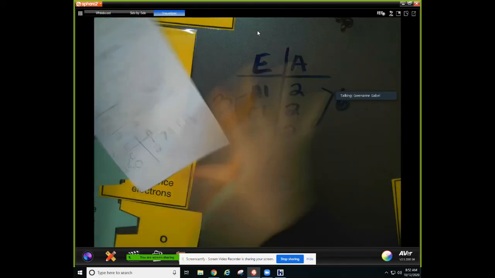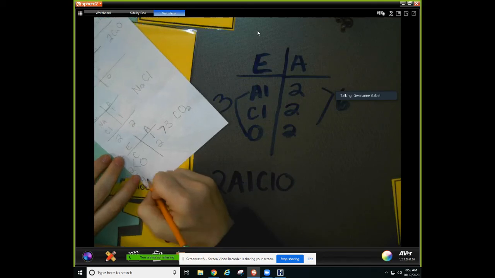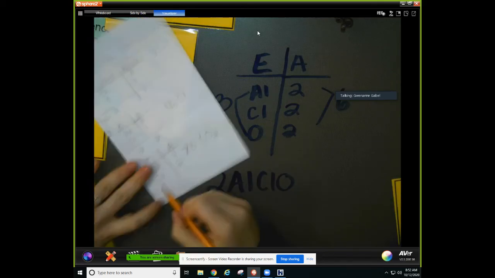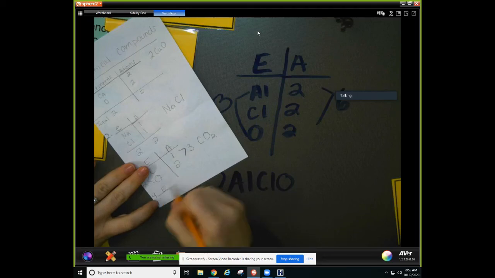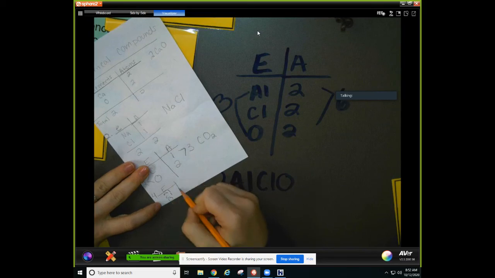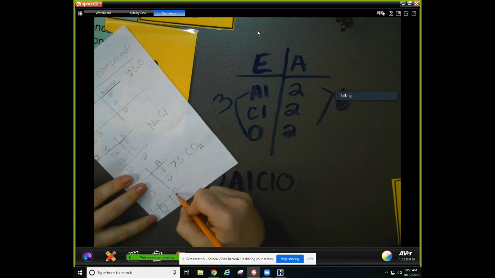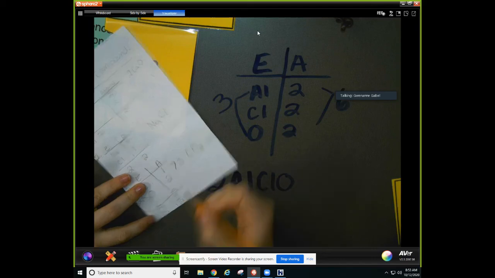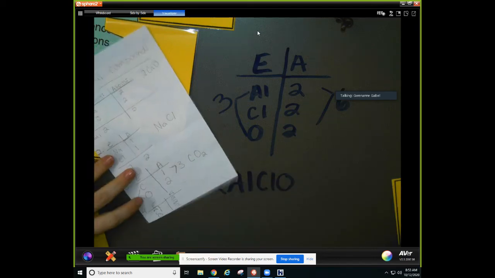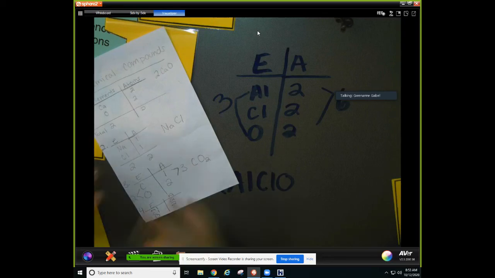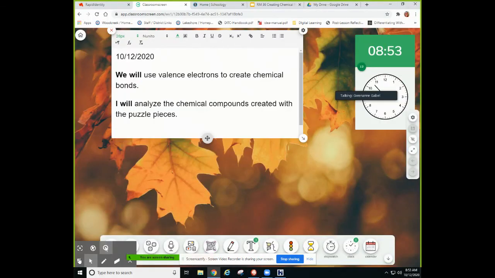I'm just going to copy this exact table down. Number 4. The elements I had were aluminum, chlorine, and oxygen. And I had 2 puzzle pieces of aluminum, 2 puzzle pieces of chlorine, and 2 puzzle pieces of oxygen. And those puzzle pieces represent our atoms. So I'm going to take this moment to pause for questions.